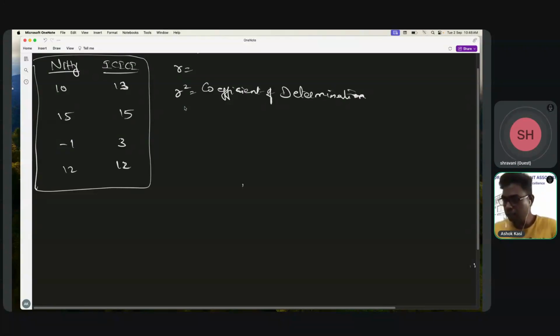Once you are ready for writing, let me know. Yes, I'm writing. Okay, fine. Probably I can fill up all this board first, and then you can write.